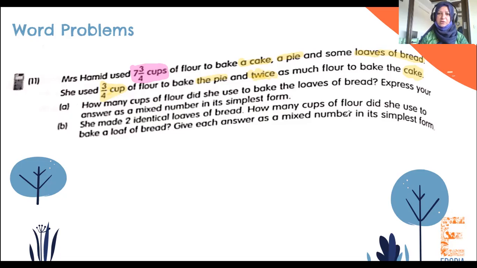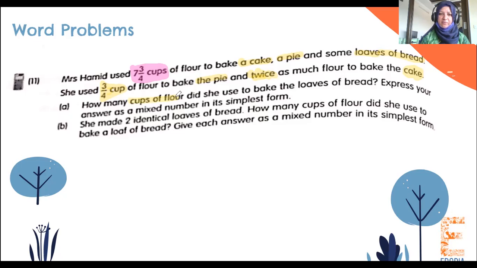That means the model should have a value for the pie, and the model should also represent the amount of cake that is used. The rest of the amount is used for the loaves of bread. The question says, how many cups of flour did she use to bake the loaves of bread?